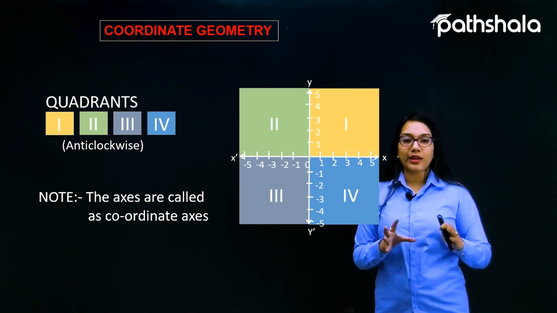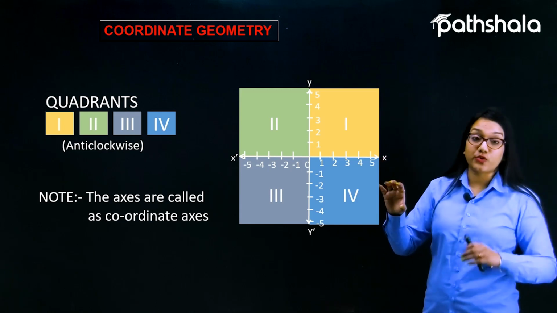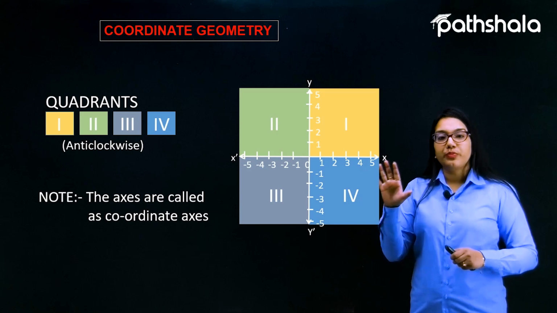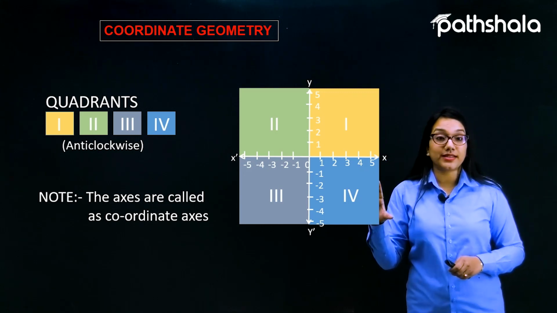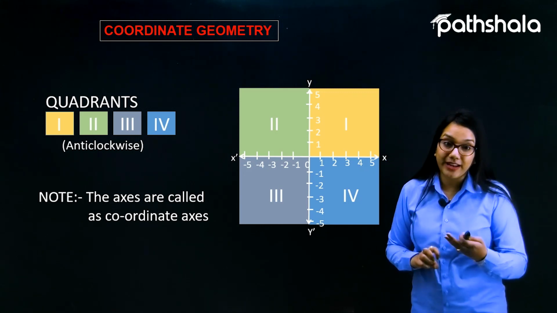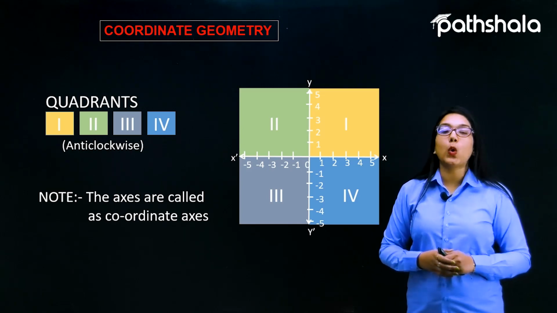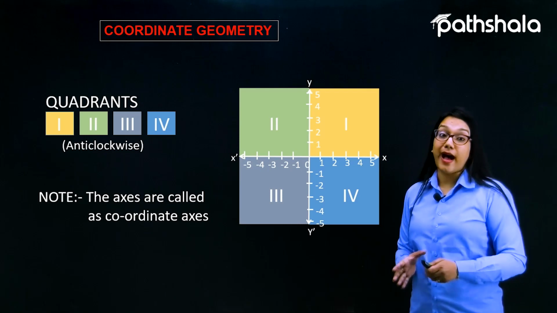Moreover, the Cartesian system in which we have the x-axis and y-axis, we call this system a Cartesian plane. We can also call it a coordinate plane, or an xy plane.